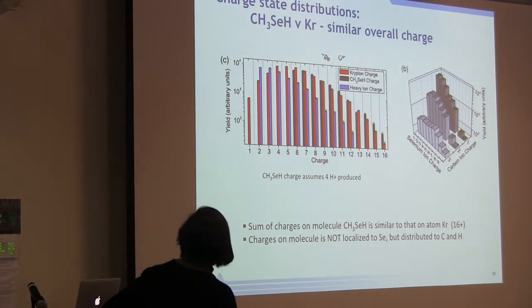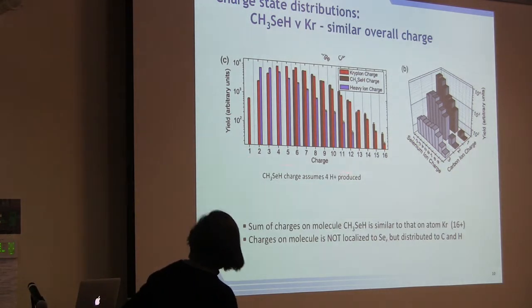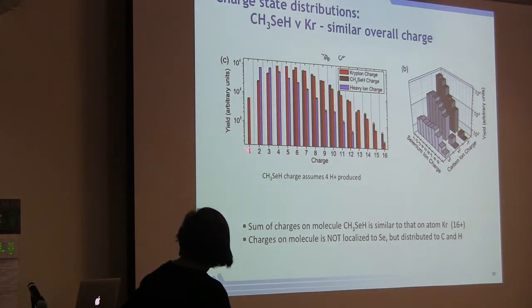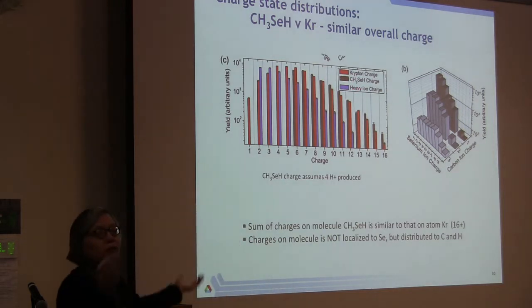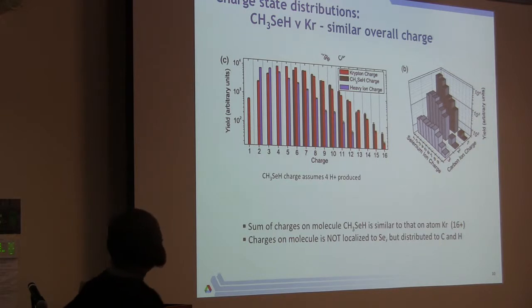And so what they found, if you take a look at the yield as a function of charge, is that the krypton charges, which go out to charge state 16, are very similar to the total methyl selenol charge, which includes not only the charge state of the selenium but also that of the carbon, and assumes that even if you don't capture all the protons, the protons are ionized.